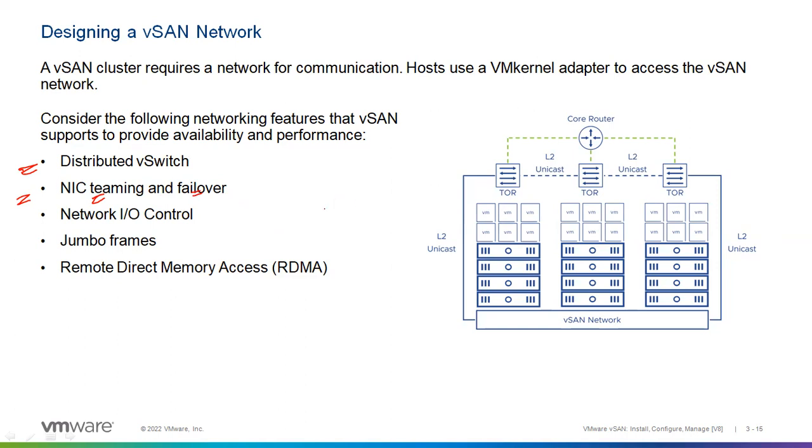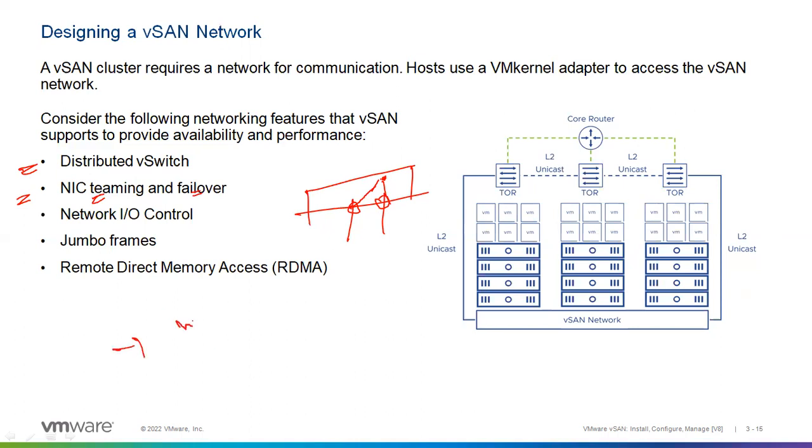Take an example where we have a cluster primarily leveraging only 2 NICs, 2 10 GB NICs. If I make my vSAN network a VM kernel network, it will go that way.